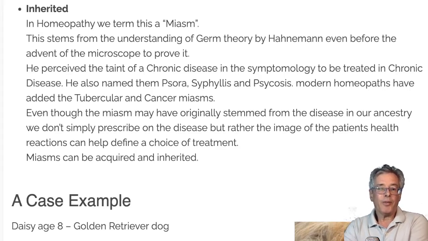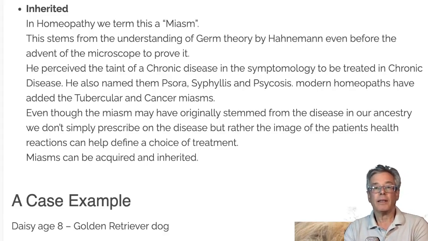So in homeopathy, it's termed a miasm, which means a kind of taint. And you can admire Hahnemann because he understood this idea of germ theory and genetic predisposition long before even the advent of the microscope to prove that. So he perceived the taint of a chronic disease in the symptomology to be treated in the chronic disease.